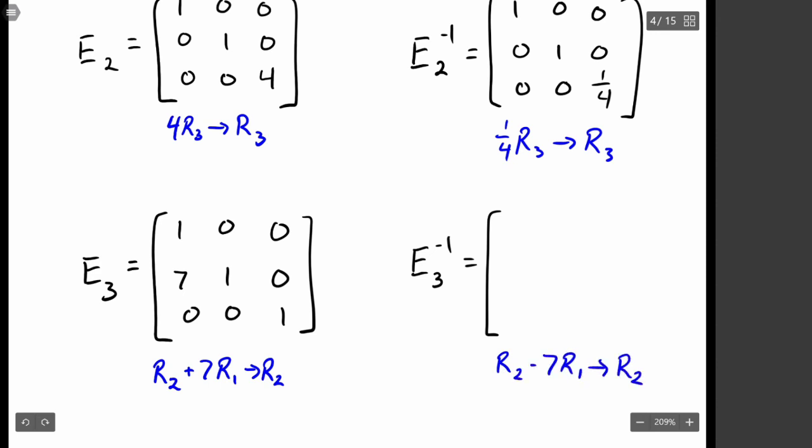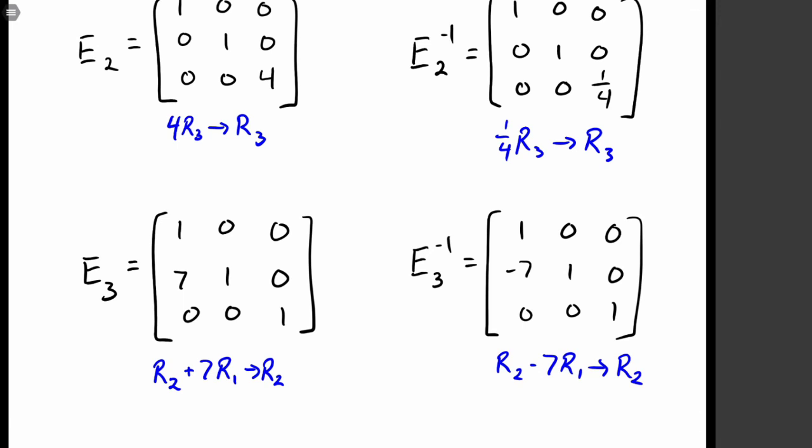Does that make sense? So that is 1, 0, 0; minus 7, 1, 0; 0, 0, 1. There we go. That'll undo it. Pretty interesting stuff how this works out.